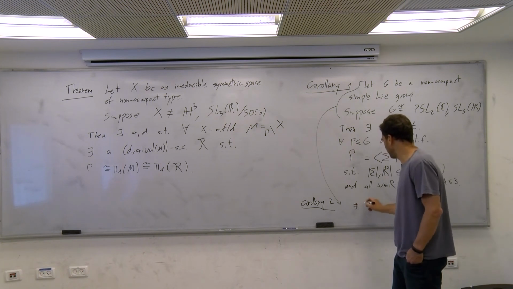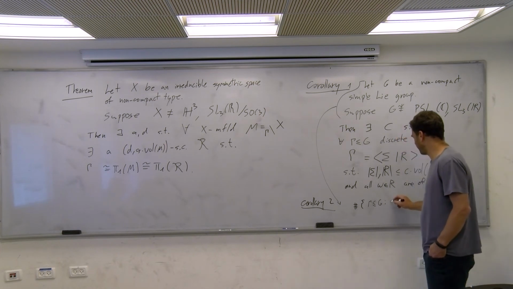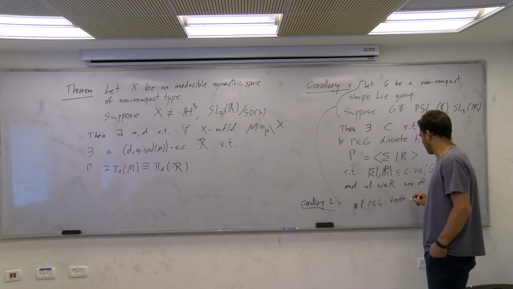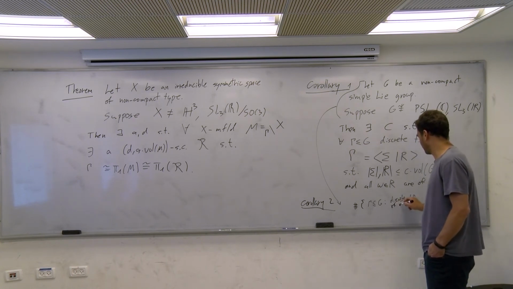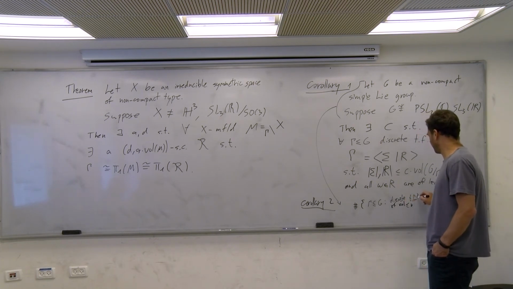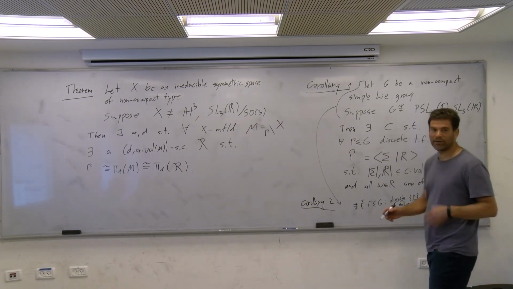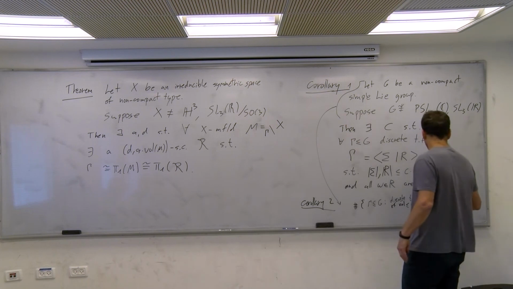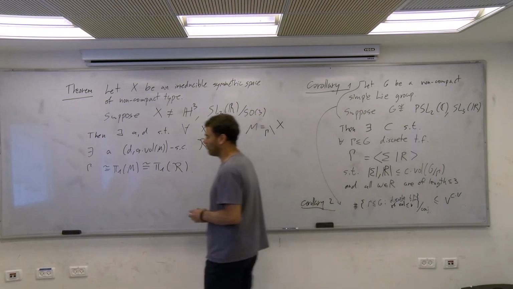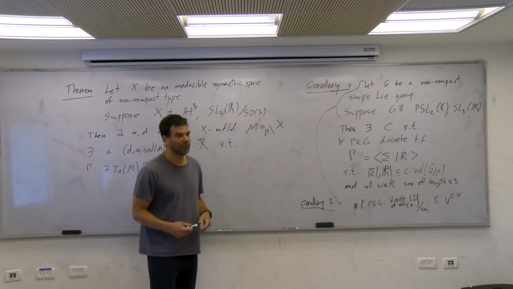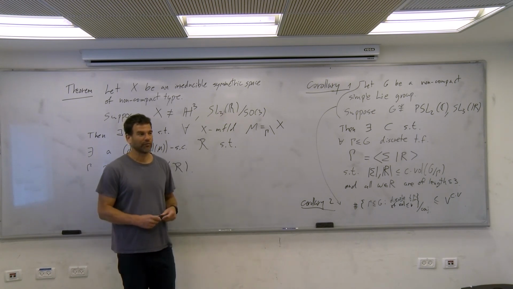Then the number of gamma in G which are discrete, let's say torsion-free, of volume at most V, up to conjugation, I don't want to distinguish, is bounded above by V to the constant. In any semi-simple Lie group, if you count lattices up to conjugation, you get this upper bound. So this is an effective version of Wang's theorem.